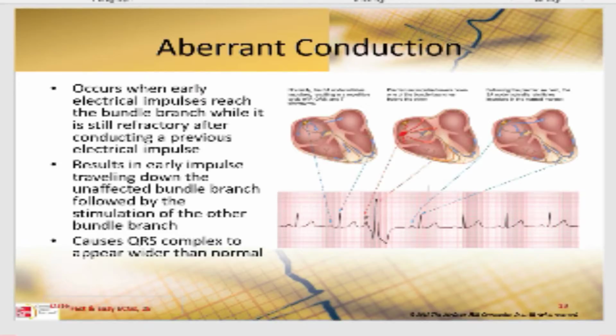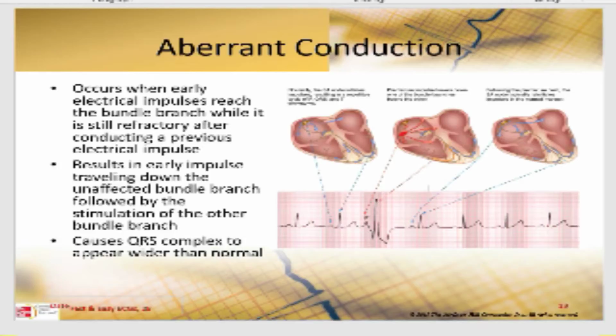There's your aberrant conduction. Usually the electrical impulse reaches the bundle branch when it's still refractory after it's conducted a previous electrical impulse. It gives you an early impulse going down the unaffected bundle branch, and then the other bundle branch gets stimulated. So that's going to make your QRS look wider than normal.